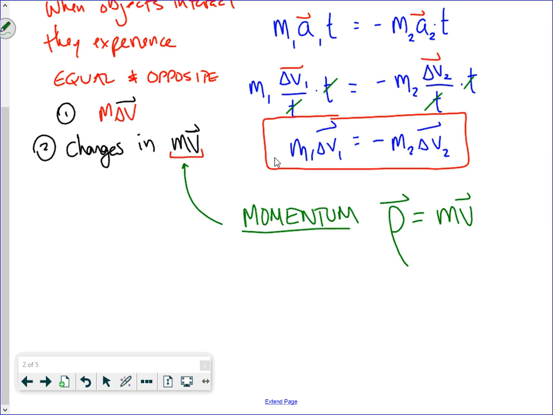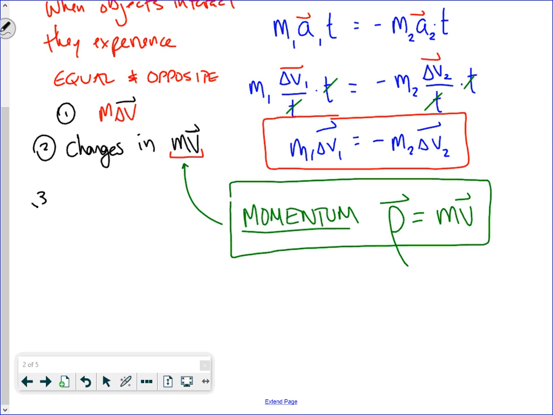It's just a definition. Similar to how we say velocity is defined to be the rate of change of position. So, if momentum is m times v, then m times delta v is a change in mv, a change in momentum.